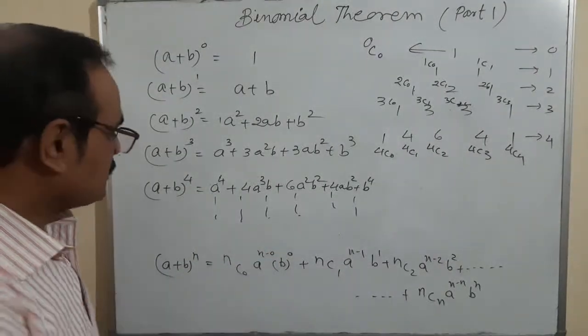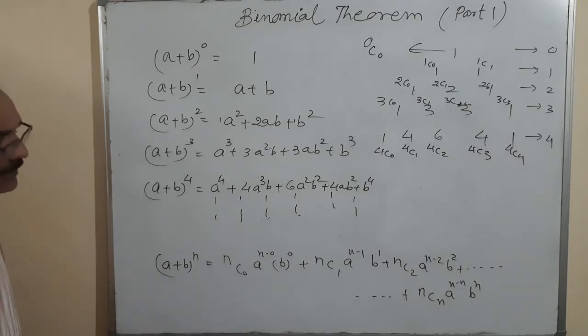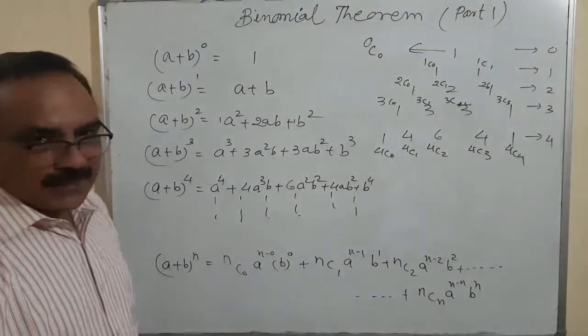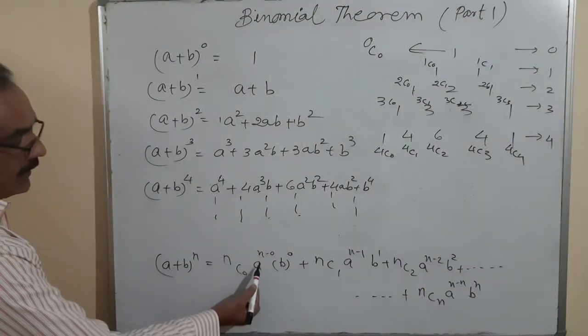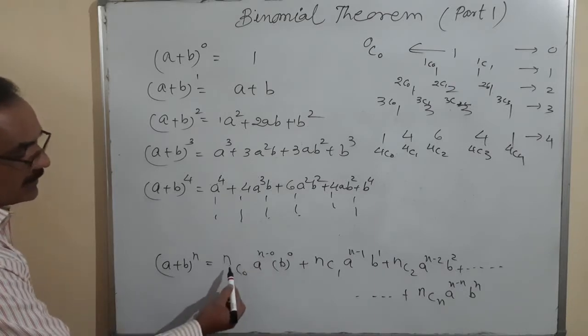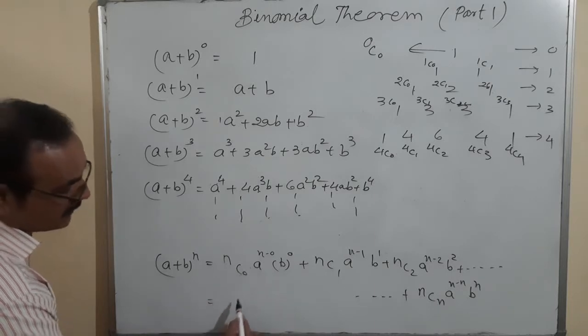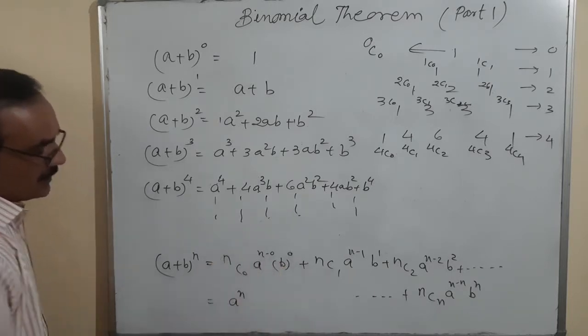Generally, we don't write the term nC0, because the value of nC0 is 1, and the value of nCn is 1. So generally in the expansion, we write only 1, a to the power n, and b to the power 0 means nothing is there.